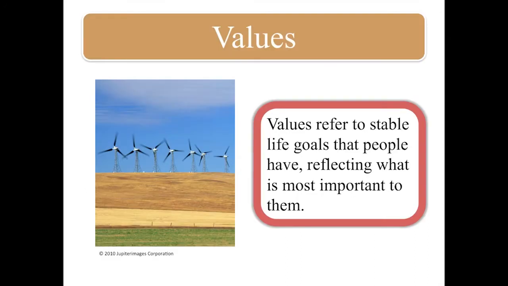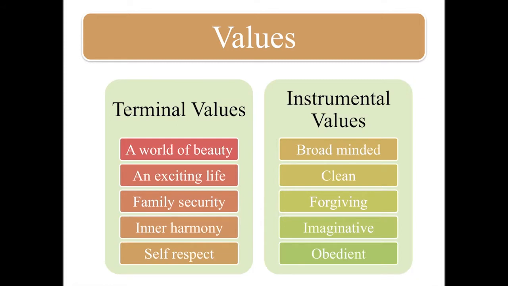Another thing beyond fit that we talk about in this chapter is values. Values refer to stable life goals that people have, reflecting what is most important to them. And as you might imagine, that makes a big difference in how people interact and think about things in their personal lives and at work. Two of the values that we talk about in this book are terminal and instrumental values.